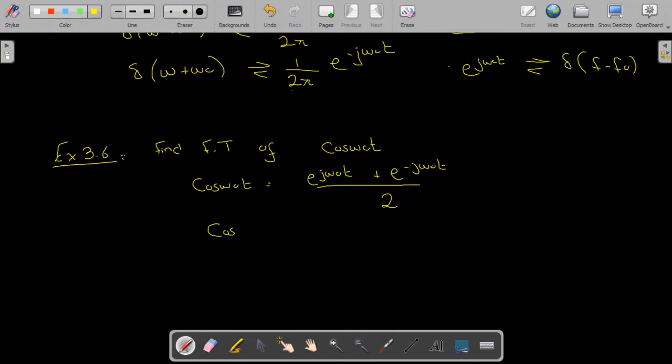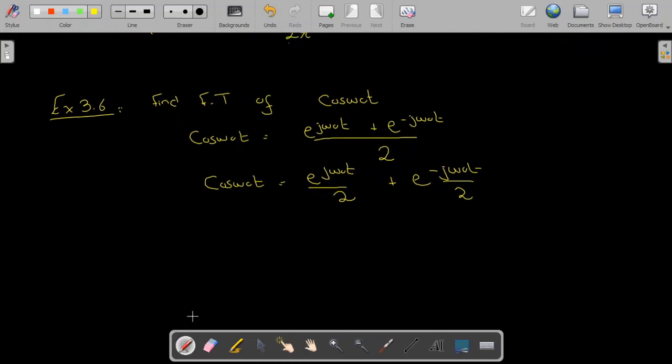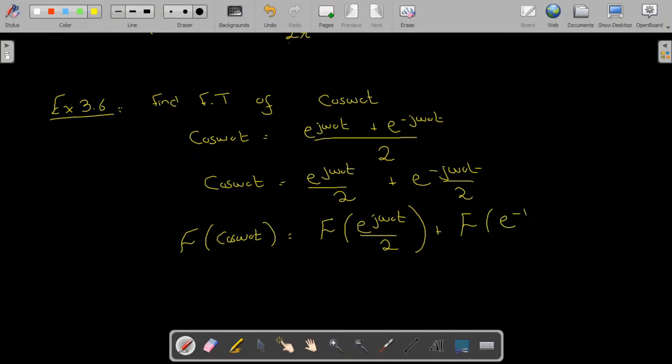I can write it like this: cos omega naught t is equal to e power j omega naught t divided by 2 plus e power minus j omega naught t divided by 2. So if I am looking to find the Fourier transform of the cosine omega naught t, then I have to take the Fourier transform of this function as well as this function. So we are going to have the Fourier transform of e power j omega naught t divided by 2 and the Fourier transform of e power minus j omega naught t divided by 2.